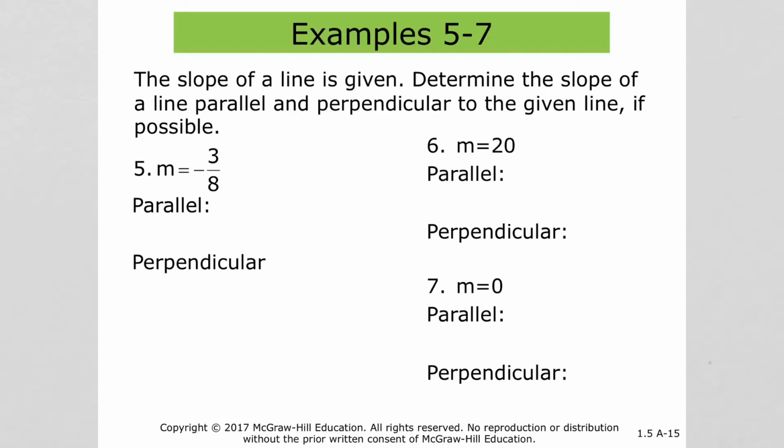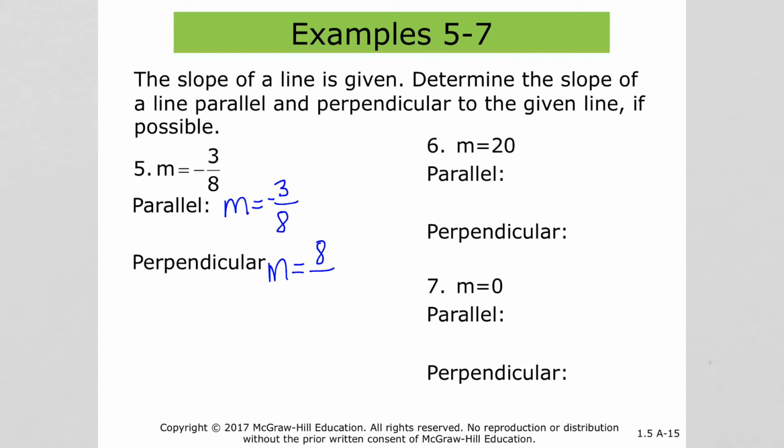So for these three, we're going to write down the parallel slope and the perpendicular. So for the first one, the original slope is negative 3/8. So the slope of the parallel line is negative 3/8. The slope of the perpendicular line, opposite of negative, is positive, and then flip the fraction.